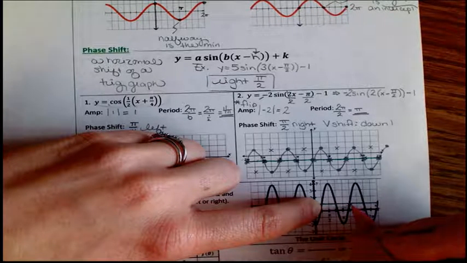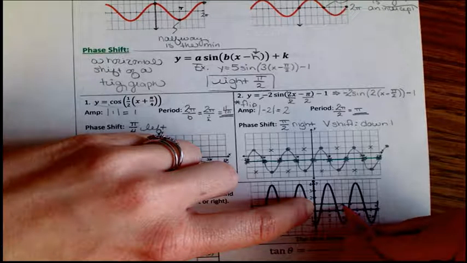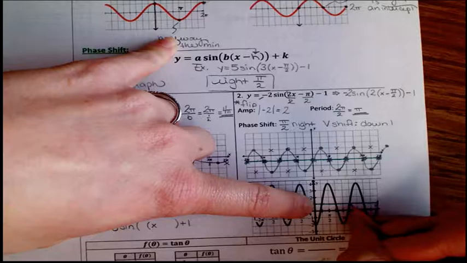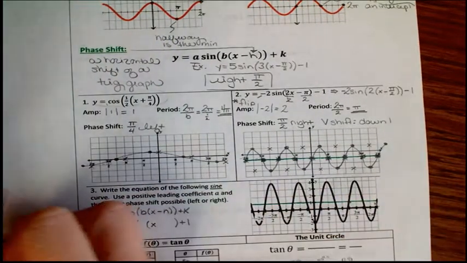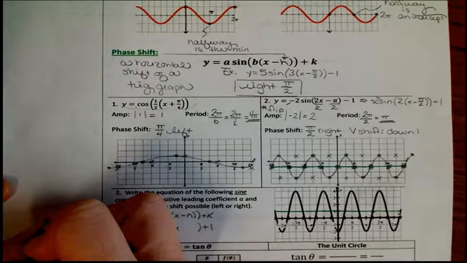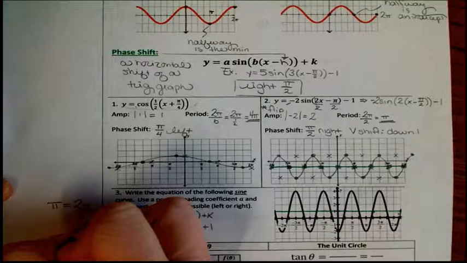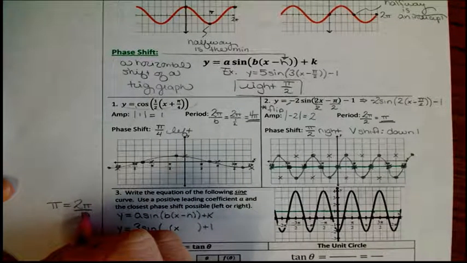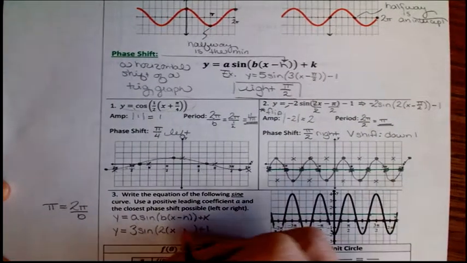It is pi long, which means if my period is pi, what's my B value? My B value must be 2 because that would cancel that out. So I'm looking at a B value of 2.